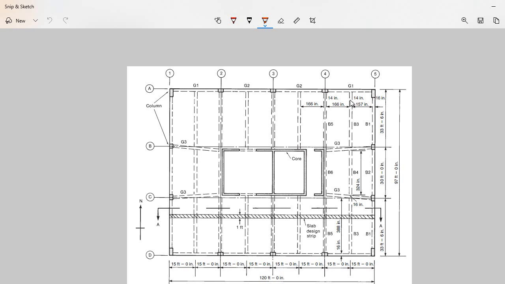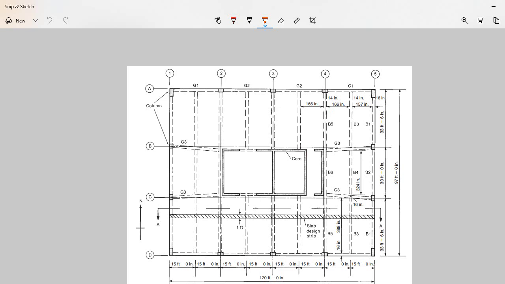So for negative moment at the first interior beam, we consider the average of these two, 157 plus 166 divided by 2. But for this panel we consider only 157, while for the rest of the interior we will consider 166 inch.